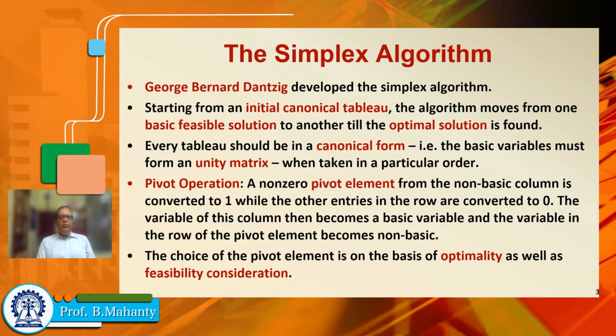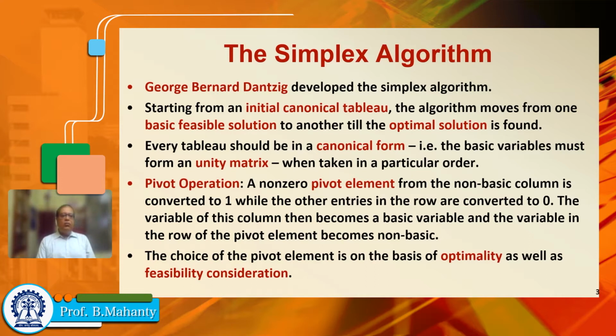The simplex algorithm was originally developed by George Bernard Dantzig, an American scientist, and he started from an initial canonical tableau. The algorithm moves from one basic feasible solution to another till the optimal solution is found.